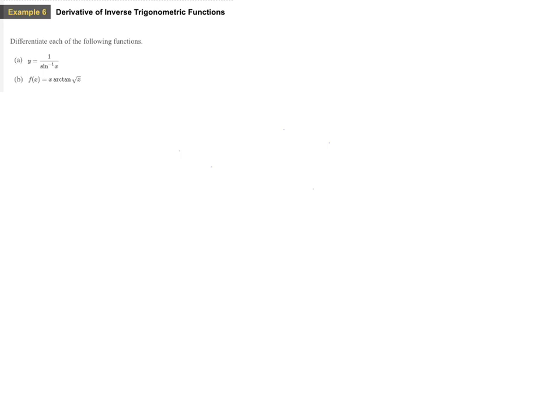So it says y equals 1 over sine inverse of x. What is that? 1 over 1. What kind of function is that? It's a quotient. Therefore, we're going to use the quotient rule. Or. I like the word or. So we could either use the quotient rule here, or we could rewrite it.